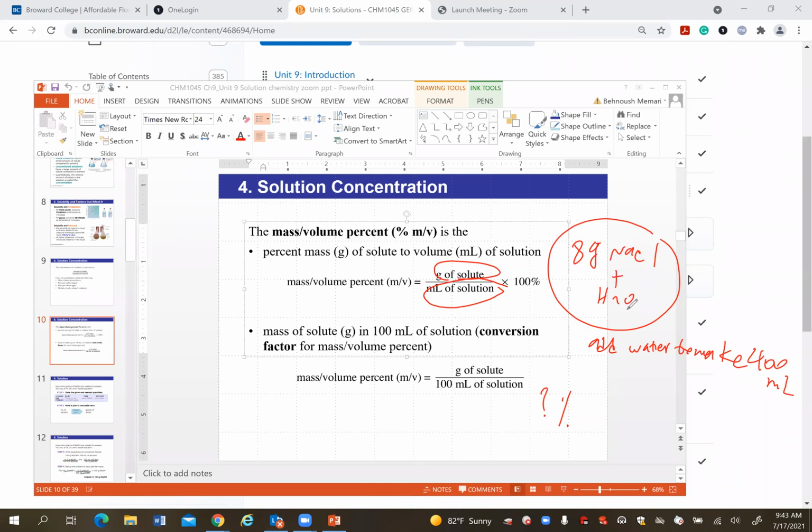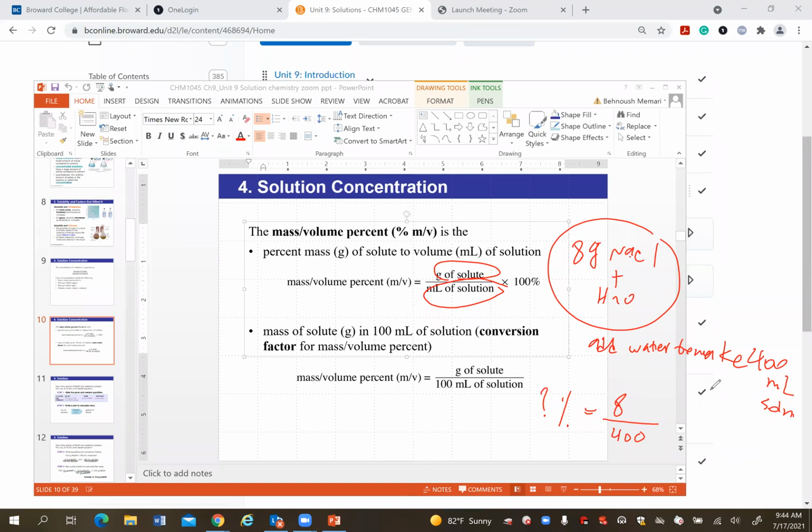To calculate the mass volume percent, it's going to be the gram of the solute, 8, divided by the 400 milliliter. This is to make a 400 milliliter solution. We are not adding 400 milliliter of water. That's different. When you make enough, you make a solution first and then dilute it to 400 milliliter.